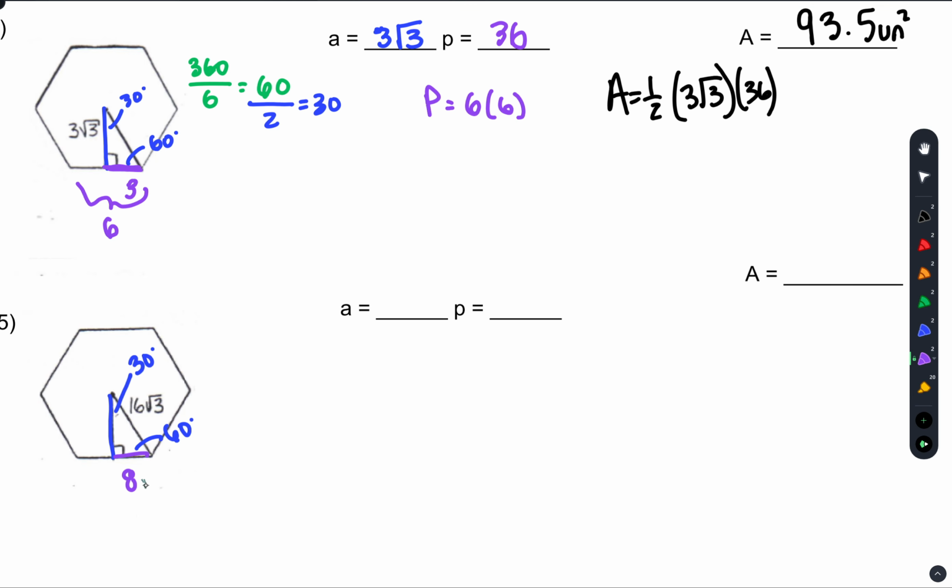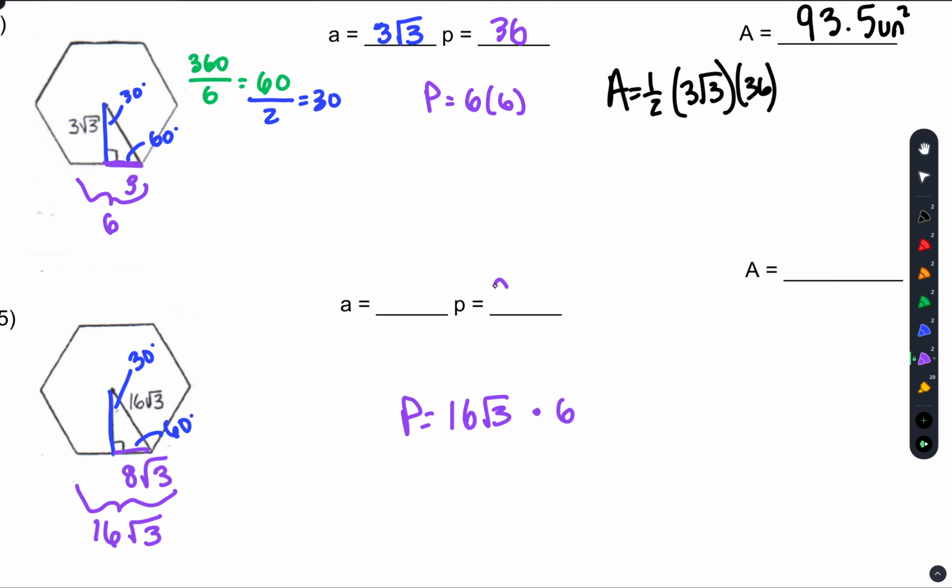Yep, we're going to divide that in half to get the short leg, so 8 radical 3. Which makes one full base 16 radical 3. The perimeter of this guy is going to be 16 radical 3 times however many sides I have. I have 6 sides. So 16 radical 3 times 6 is 96 radical 3.